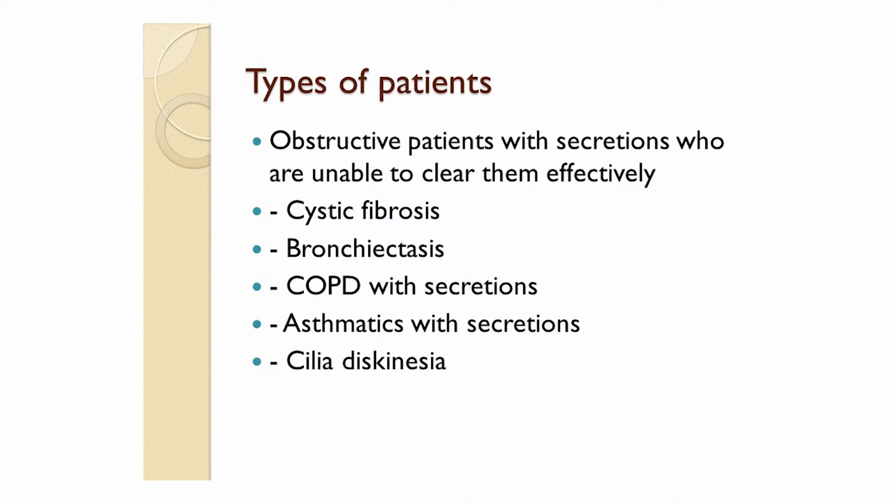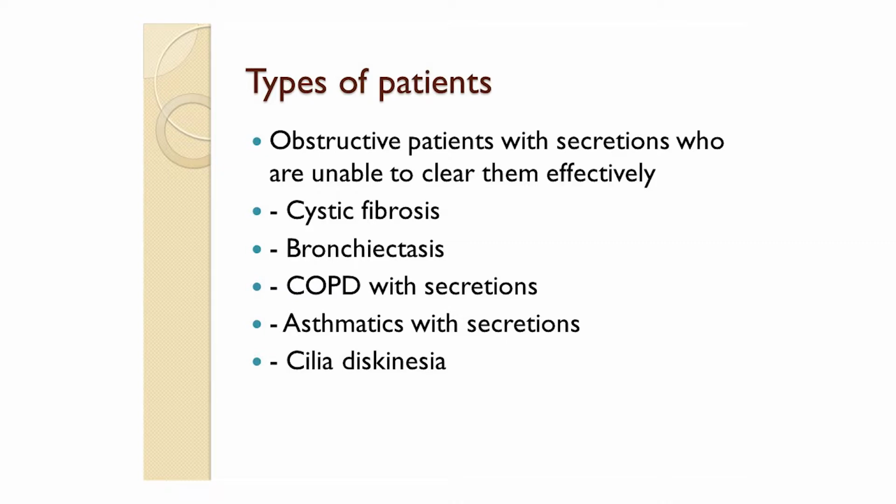The types of patients that you'll be treating potentially using these techniques are obstructive patients with secretions who are unable to clear them effectively. For example, cystic fibrosis patients, bronchiectasis, COPD with secretions, asthmatics with secretions, and ciliary dyskinesia, where there's a problem with the motility of the sputum and the cilia.